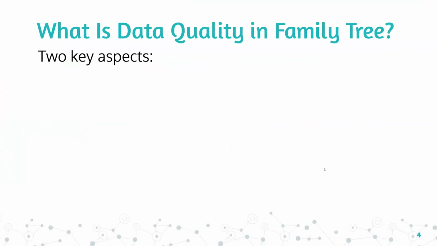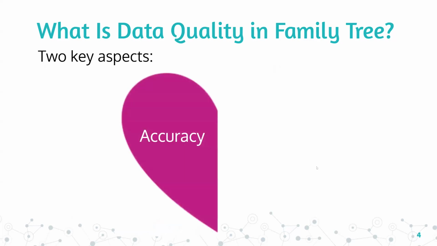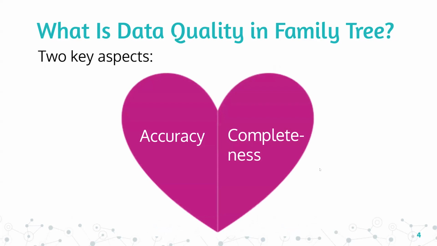So there are a lot of aspects to quality, but I wanted to keep this really simple. So we're just going to focus on 2, and I think that most aspects of quality really do fit under these 2 key aspects. So the first one is accuracy, and the other is completeness.